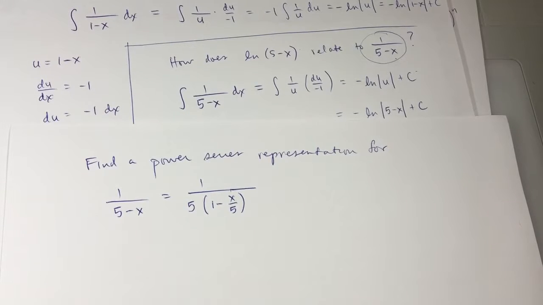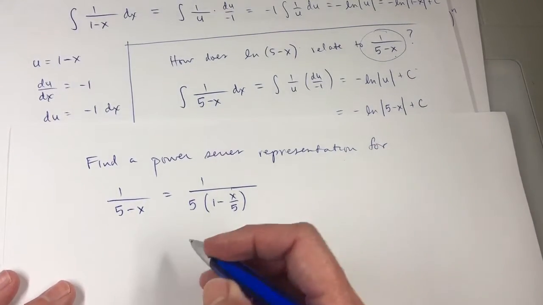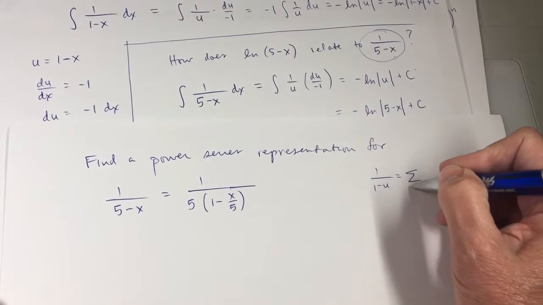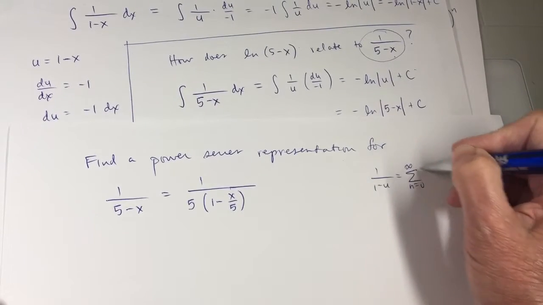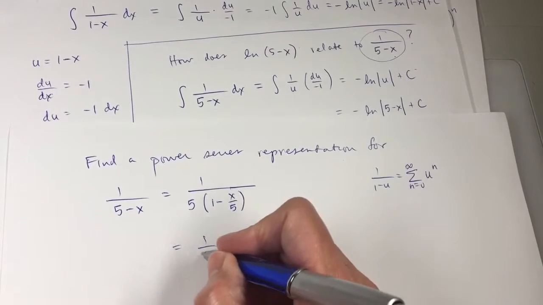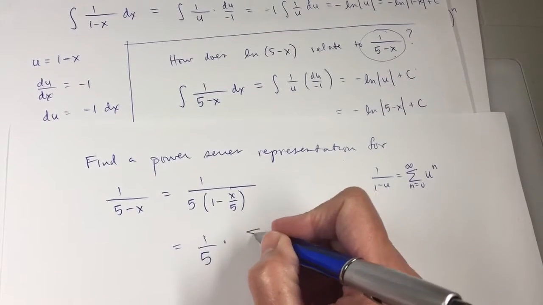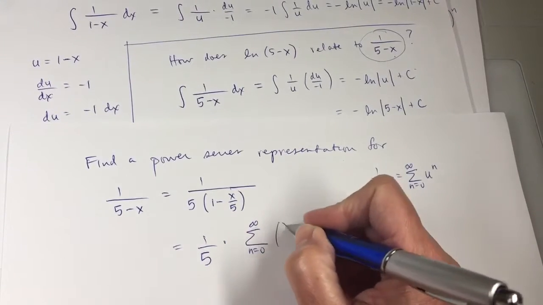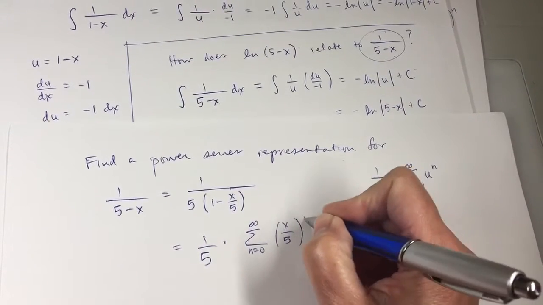On this one, I already have the negative sign, 1 minus x over 5. So with my 1 over 1 minus u, which is the sum as n goes from 0 to infinity of u to the n, I just substitute x over 5 in there. Don't forget the 1/5. 1/5 times the summation as n goes from 0 to infinity of x over 5 to the n.